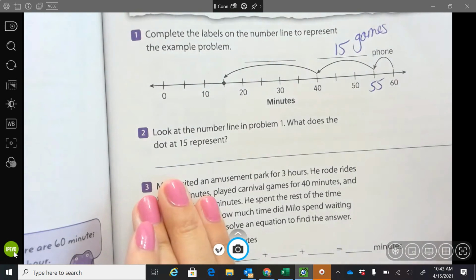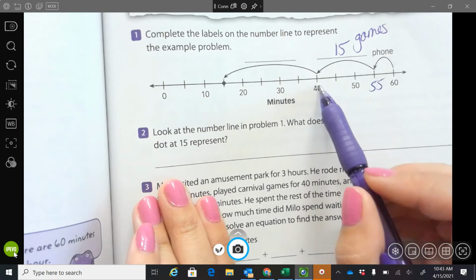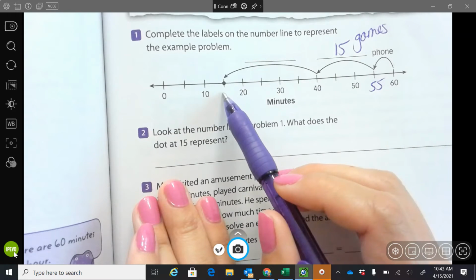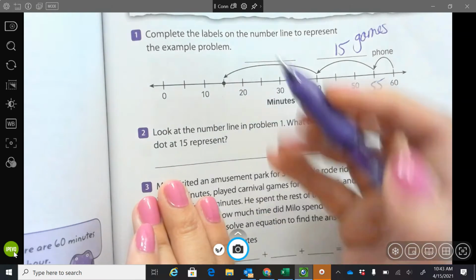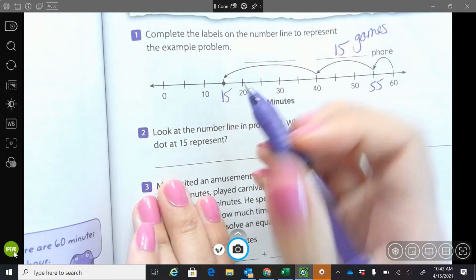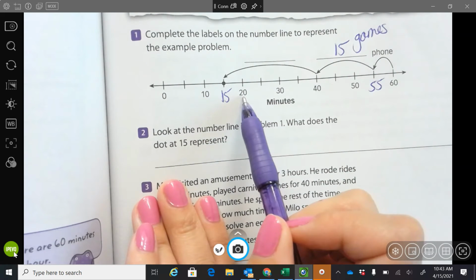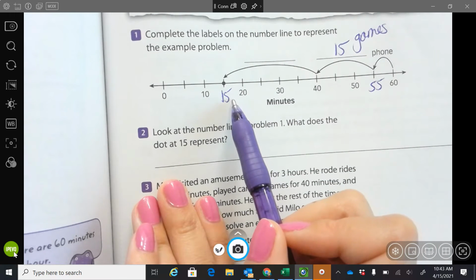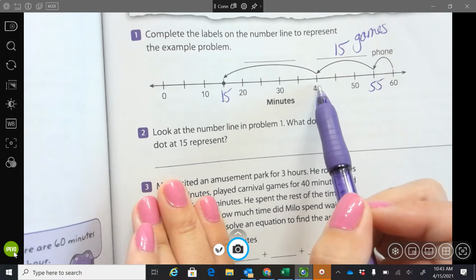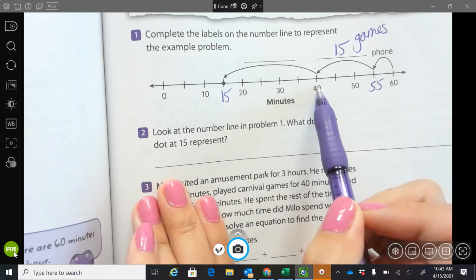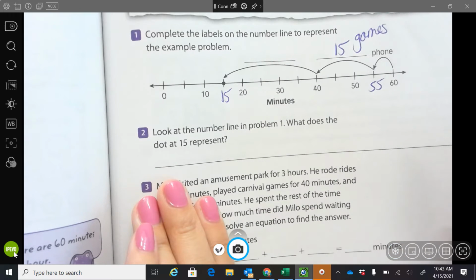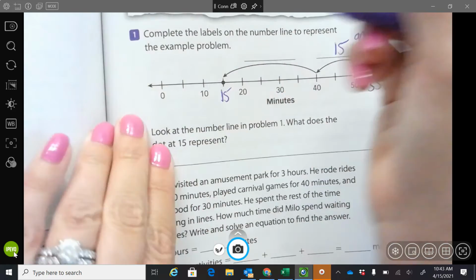Okay, and now we're at 40, and we go to what number's here? 15. Okay, we know it's 15 because why? Between 10 and 20 is 15. Okay, so we are going to subtract to find the difference between 40 and 15, which is? 25. Okay, let's double check it.